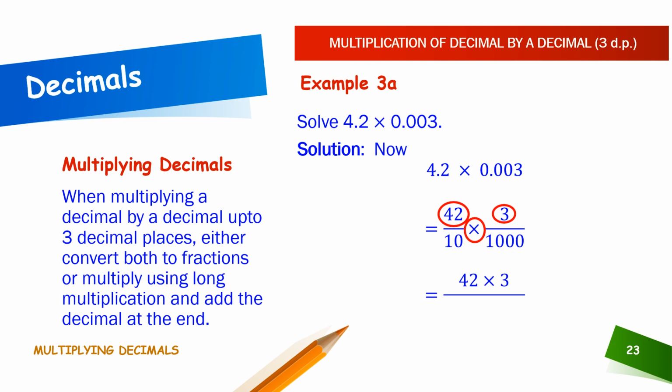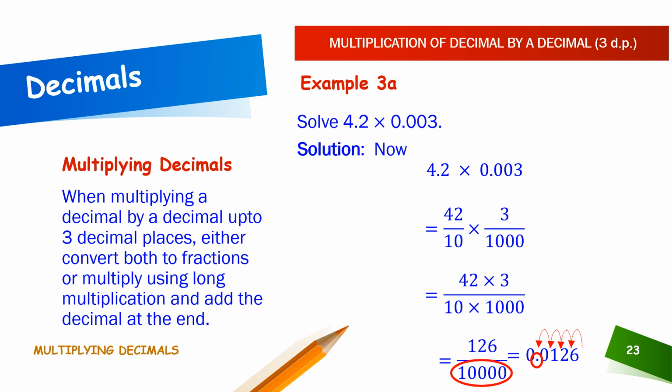Then multiply the numerators and the denominators to give 126 over 10,000, which is equal to 0.0126.